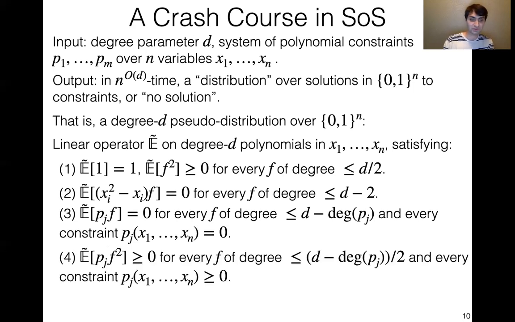And for constraint 4, there's a slight difference for inequality constraints, where I have a constraint of the form p_j greater or equal to 0. But here I just want the expectation of f squared times p_j to be greater or equal to 0. And here there's always a constraint on the degree of f, but the limitation on the degree of f is simply so that the polynomial inside the square brackets always has degree at most d.